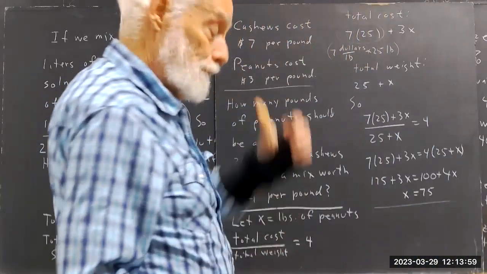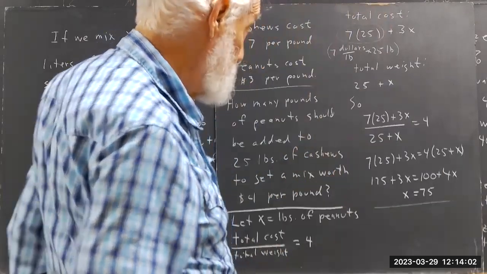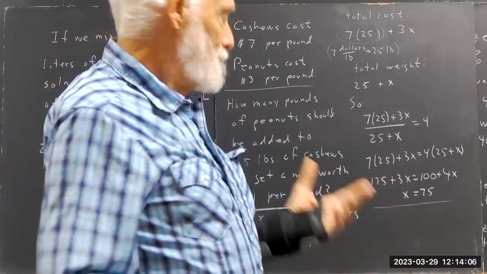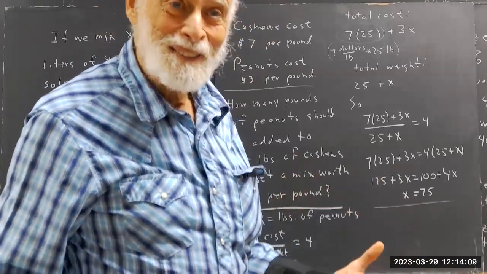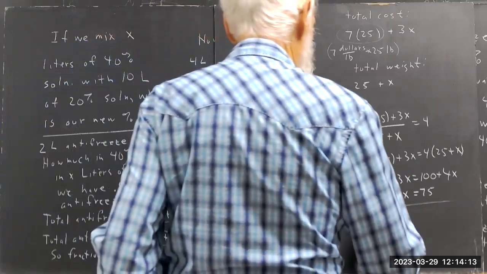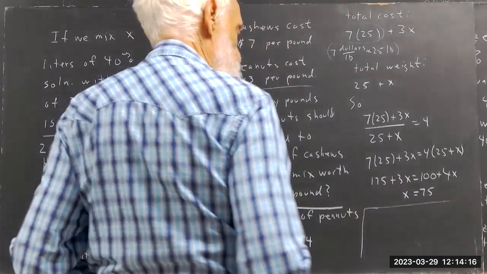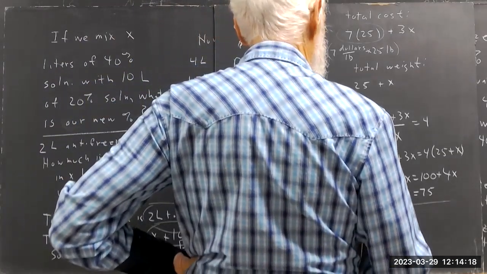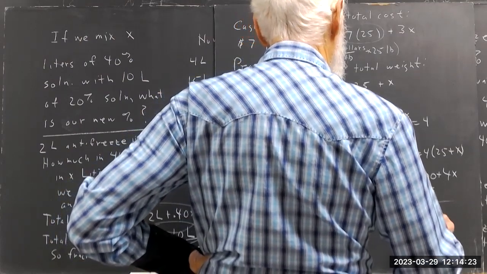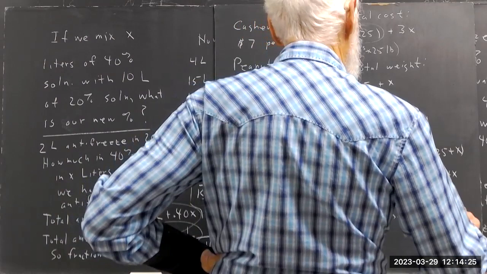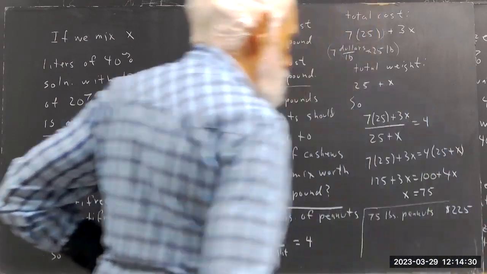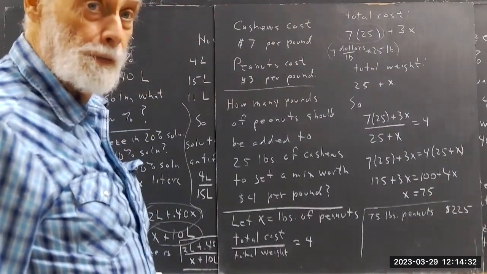I always have to check whether I've done it right, since I don't always have you around to check me. We'll see if this works. So 75 pounds of peanuts would cost $225, right?